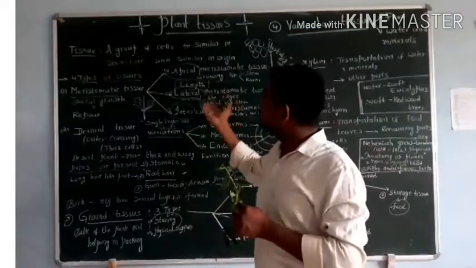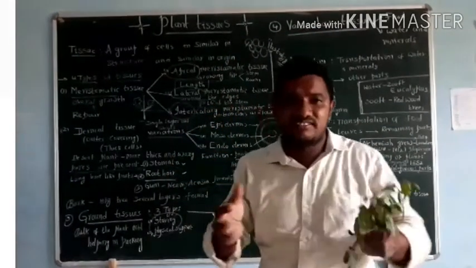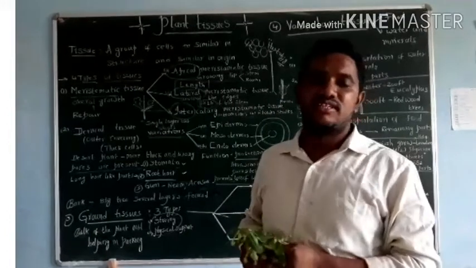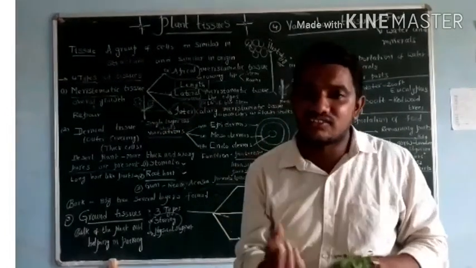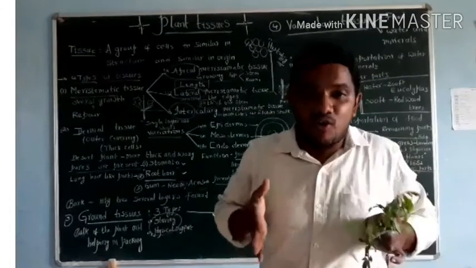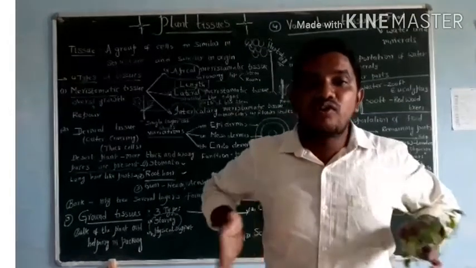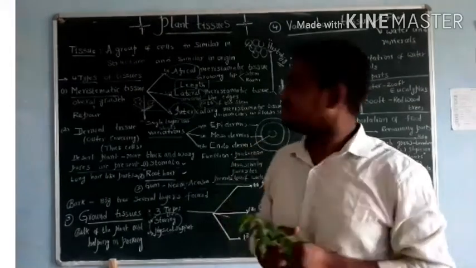Lateral means edges or sides. These are present around the edges of the plant, which helps in the girth and horizontal growth of the plant.